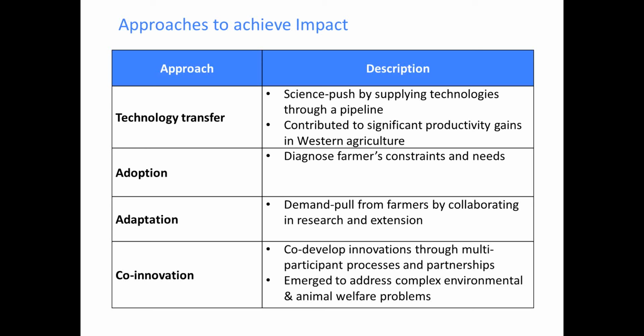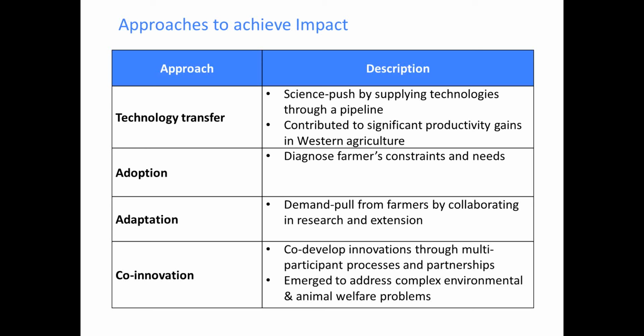So I started with the Victoria example as well, with the orchardist, saying that that was clearly a case of technology transfer. We already had the science there, the soil moisture monitoring, as well as the, I forgot the word now.